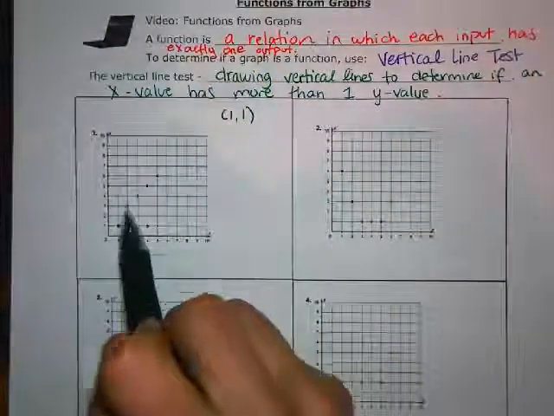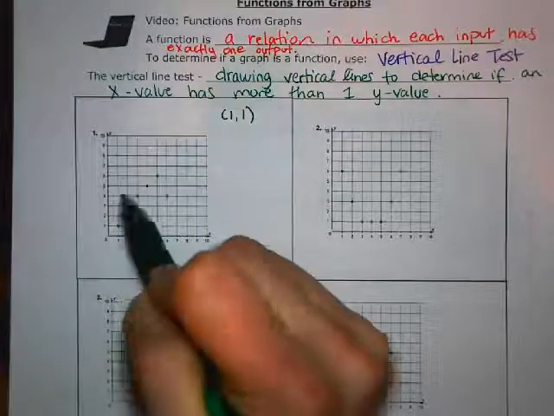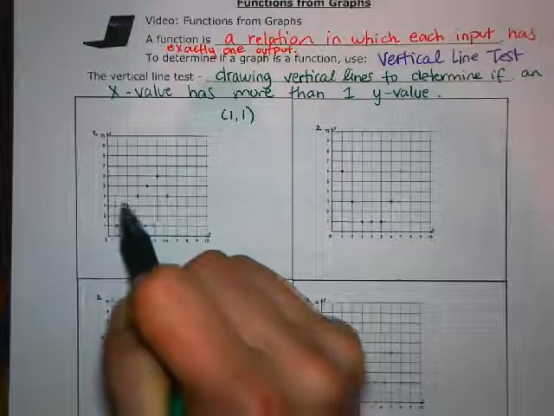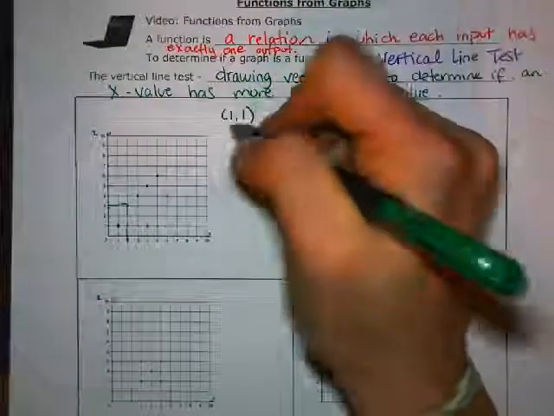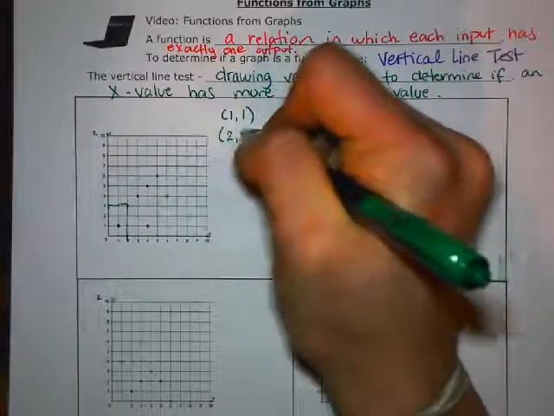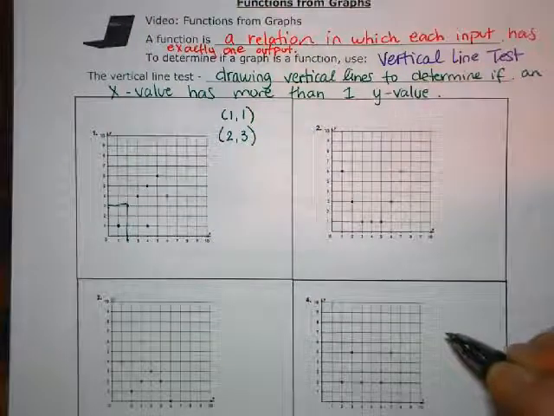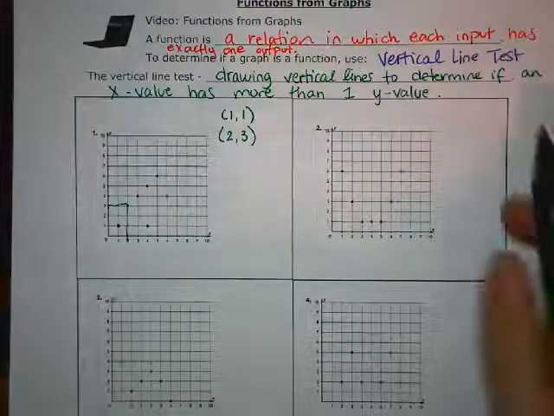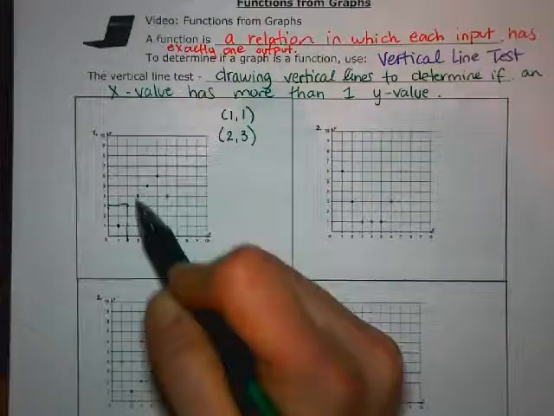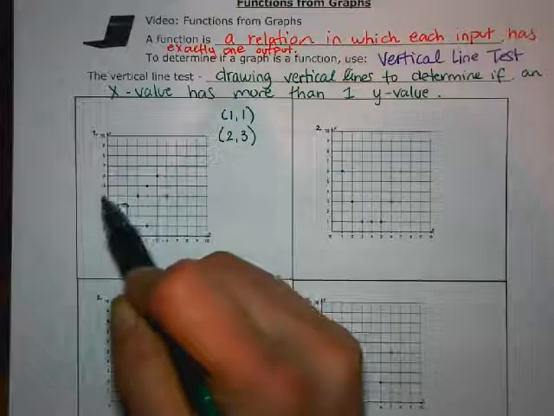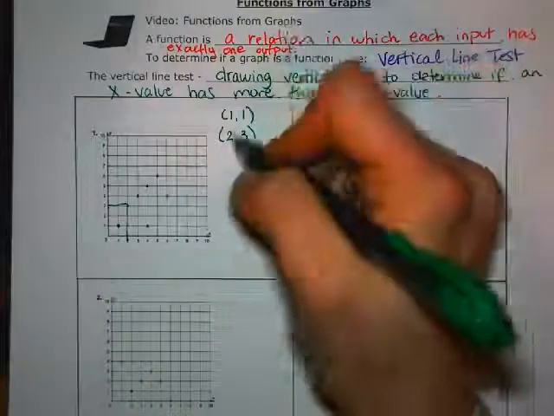And if we were to go to this point, we'd see that it's 2 on the x-axis and 3 on the y-axis. So this point is 2, 3. And then let's just take a look at one more. If we look at this point, we see that it's 3 on the x-axis and 4 on the y-axis.